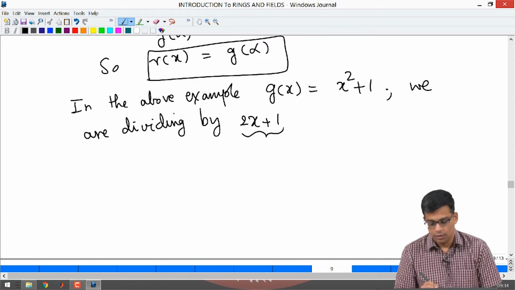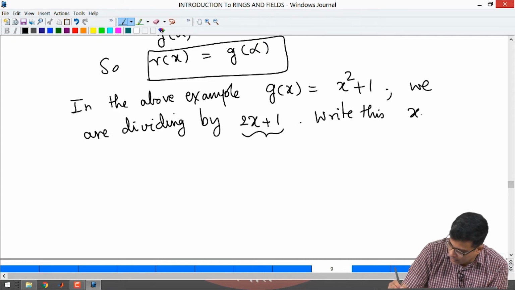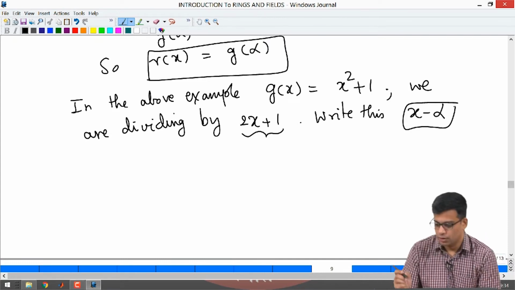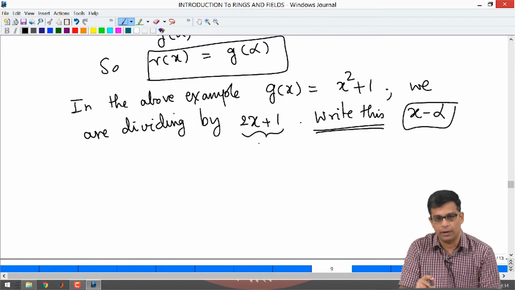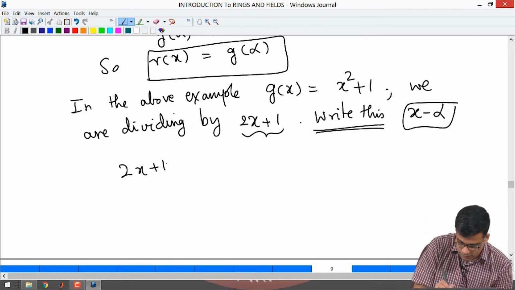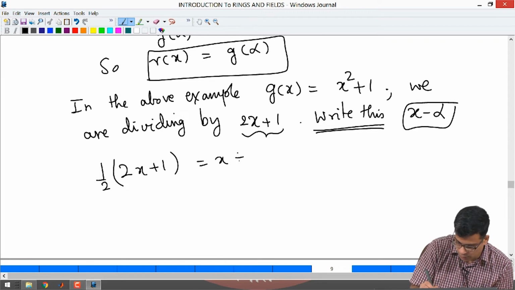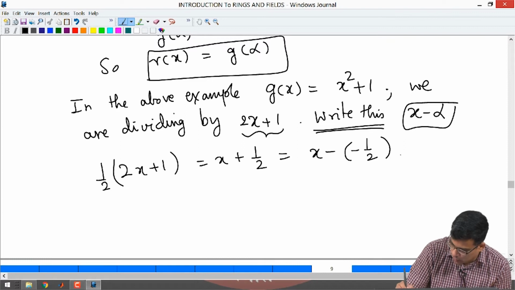Now, we need to write this like x minus alpha. Okay. So, I can't quite write this, it is not of the form x minus alpha, but we can multiply this by a unit. So, 2x plus 1 times 1 by 2 becomes x plus 1 by 2, which can be written as x minus 1 by 2.